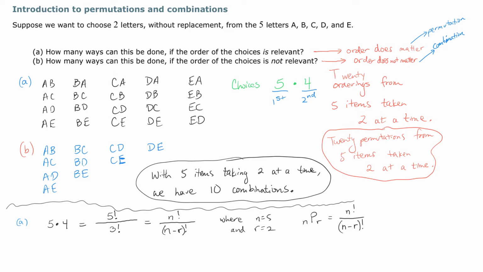So this is n items permuting r items at a time.